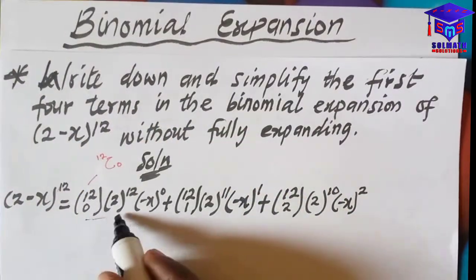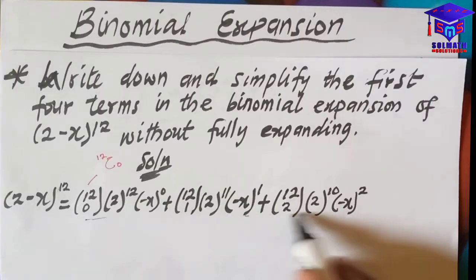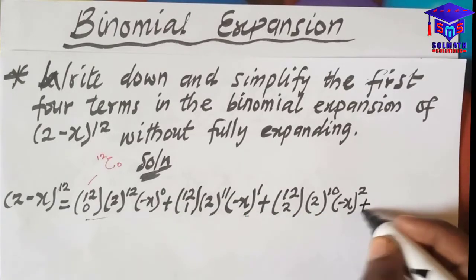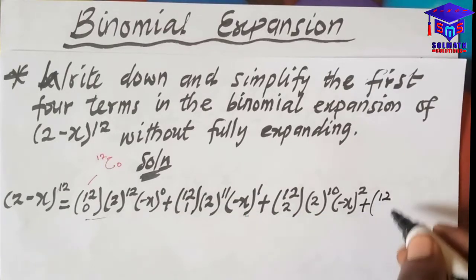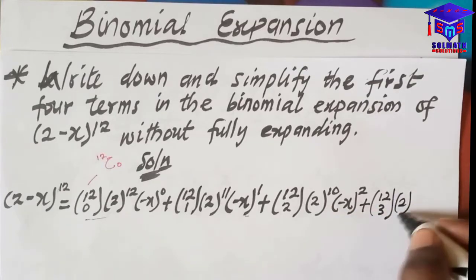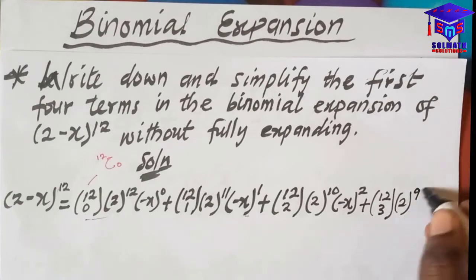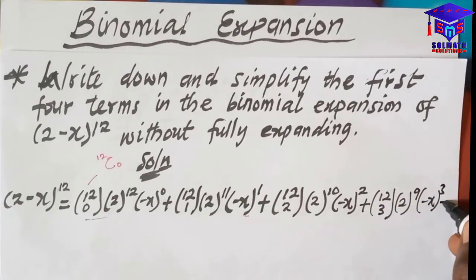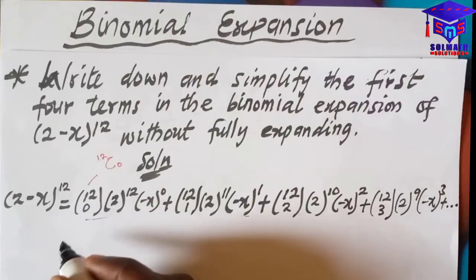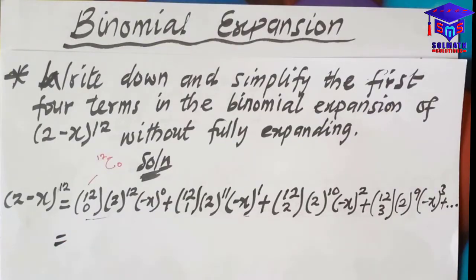So the first, second, third, you're left with the last term, so plus 12 choose 3, and then 2 to the power 9, negative x to the power 3, plus the 3 dots to tell that the expansion continues.